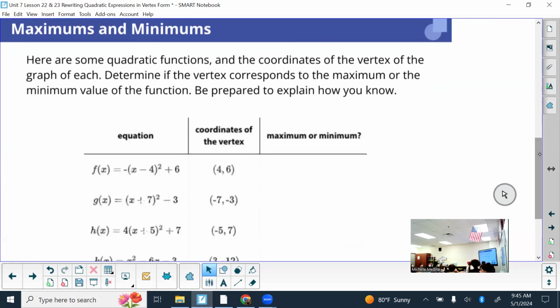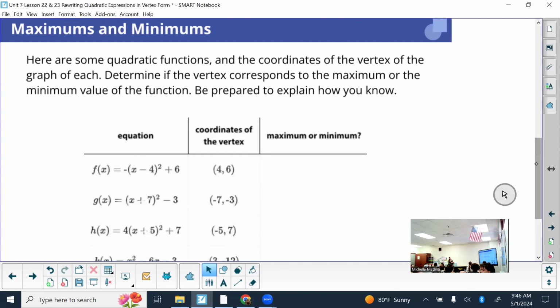So another little bit of review, and again, I want you to do this without graphing. For each row, you have the equation in vertex form. You should be able to tell me the vertex without me giving it to you, but here it is. So equation here, coordinates of the vertex.